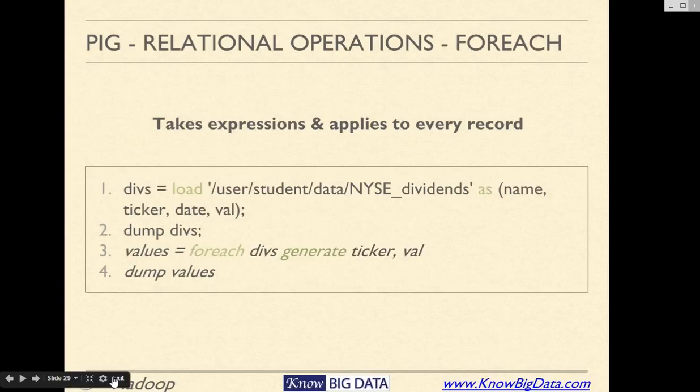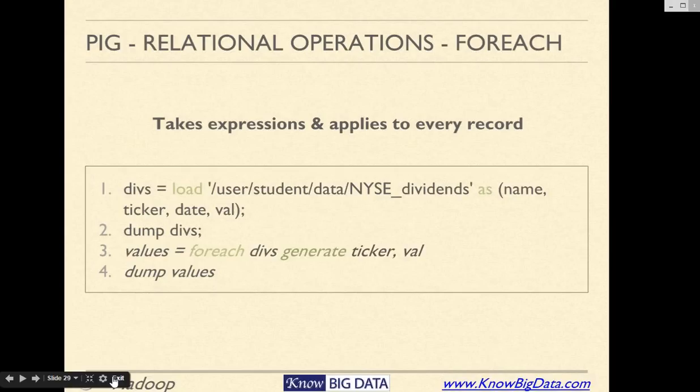Store will store the data into another file. Dump will print the value on the screen, on the standard output. Dump is useful for debugging. The syntax is: dump variable.